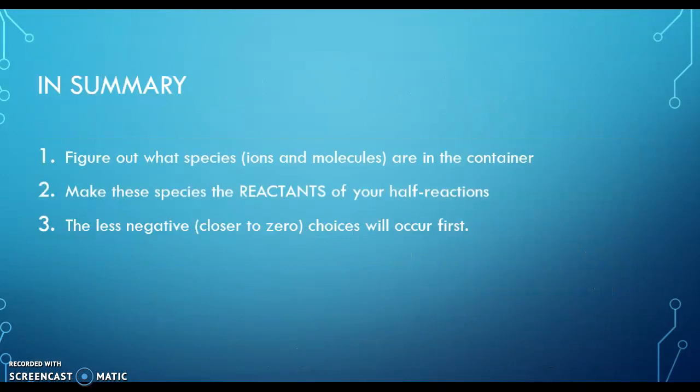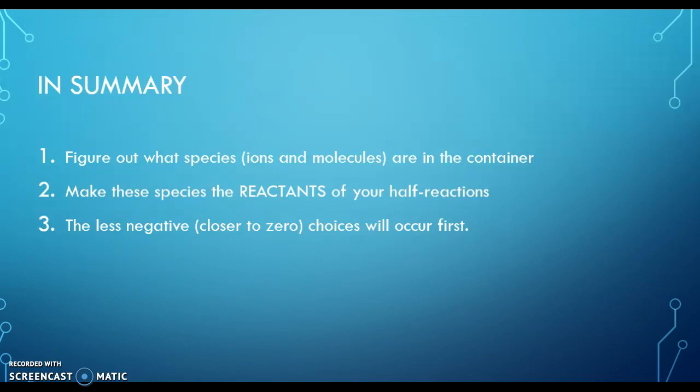So in summary, it's best to figure out what species, which could be ions or molecules, are in the container. These are the reactants of your half reactions. So write your half reactions, which will most often be given to you in the reduction direction, so that only the things that are in the container before the electricity is applied are on the left side of the arrow.